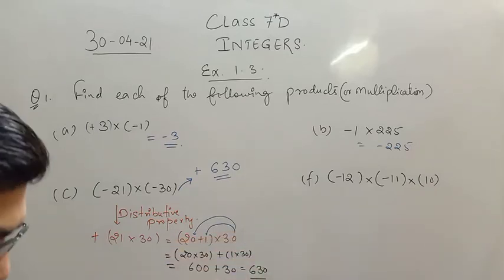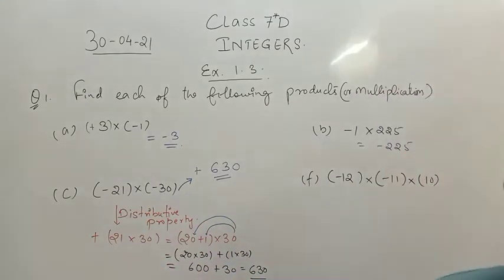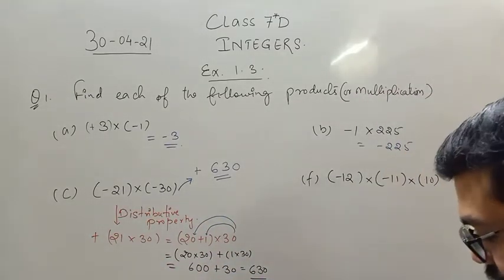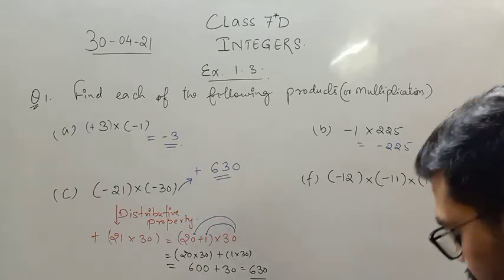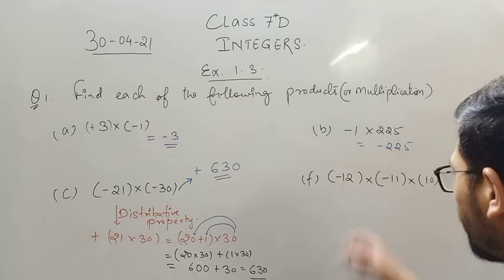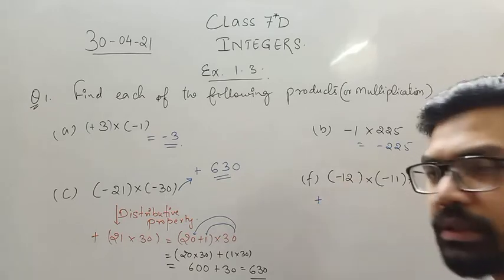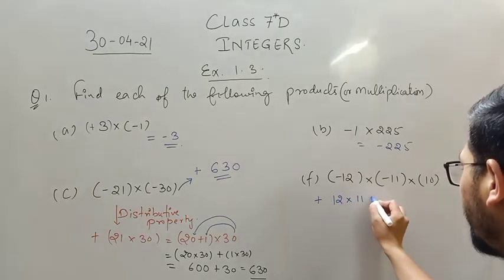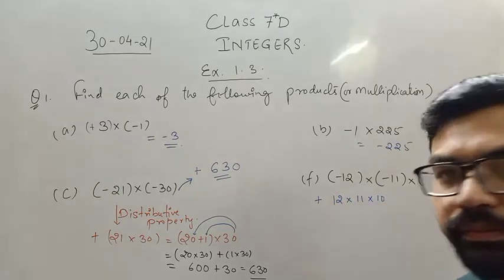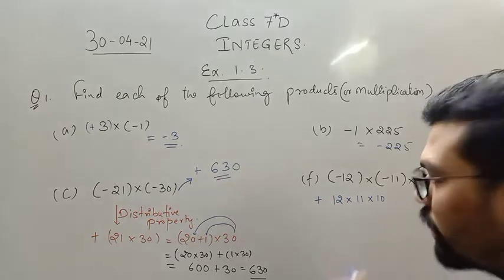Now I just take this example. Again I'll explain this using the distributive property also. So minus minus plus, so I can write 12 into 11 into 10. Any doubt? Is this visible? Okay.